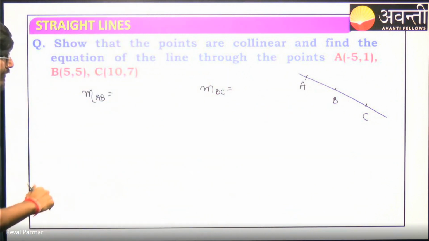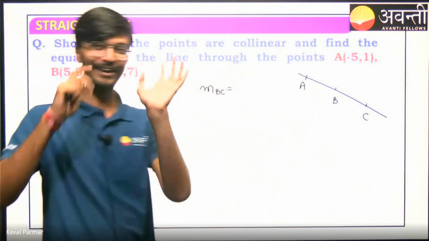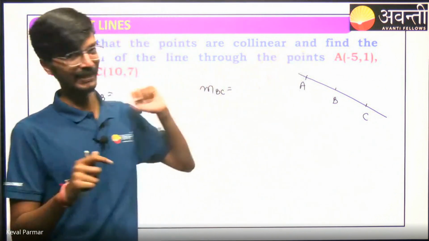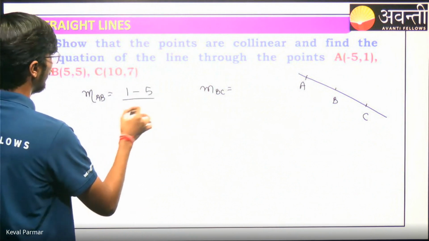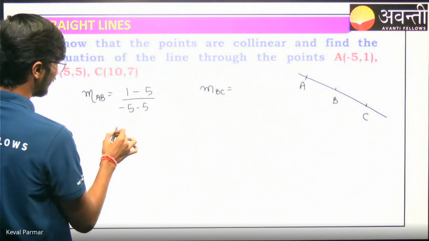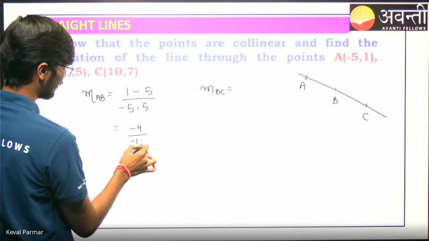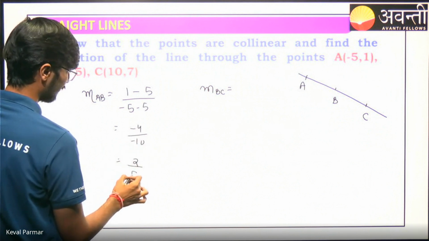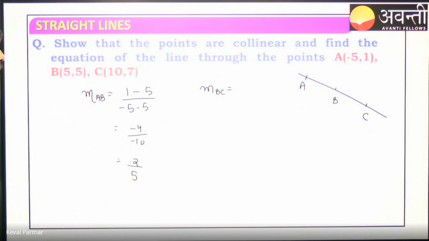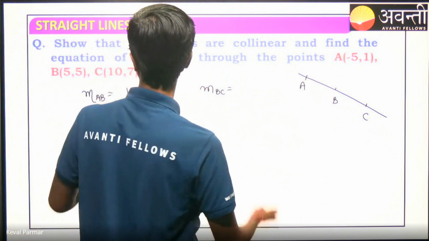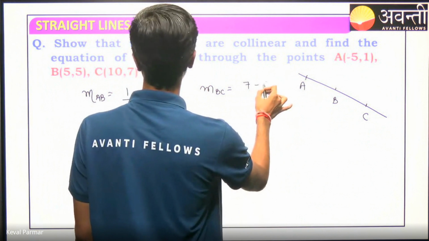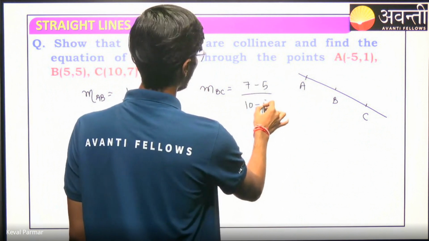Let's find out the slope of AB. I'm not writing x1, y1, x2, y2 now. Let's do it directly here. So I'll get 1 minus 5 upon minus 5 minus 5. That is minus 4 by minus 10, that is 2 by 5. What is BC? Let's say BC is 7 minus 5 upon 10 minus 5.